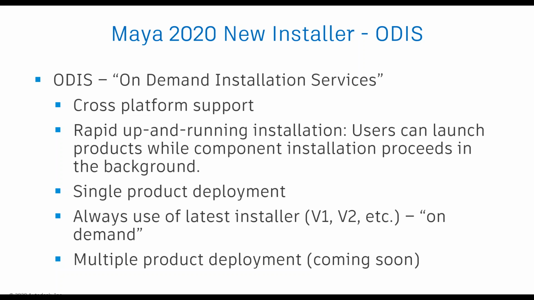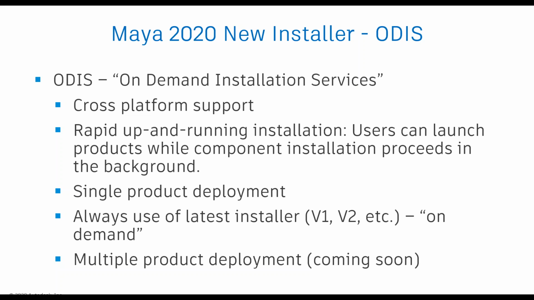Mac, or on Linux. It is quicker because it is built in a way that you have several components within the installation, but they are divided by, let's say, priority. So you will have a core component, like for example Maya 2020, and then additional components like Arnold Render, Bifrost, and the rest of the dependencies that are included in the bundle itself.